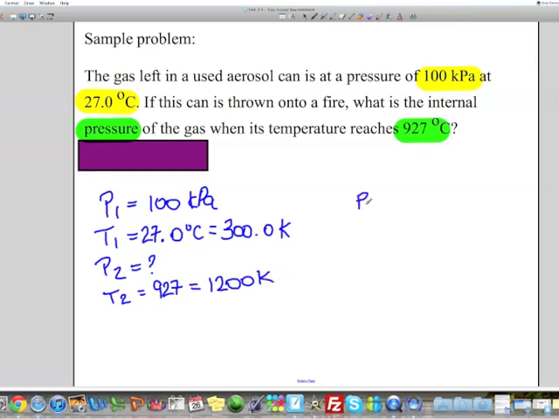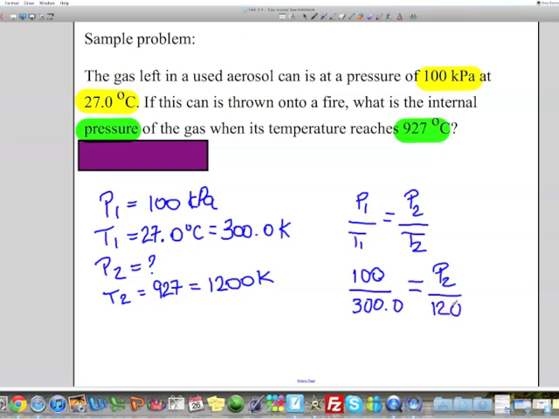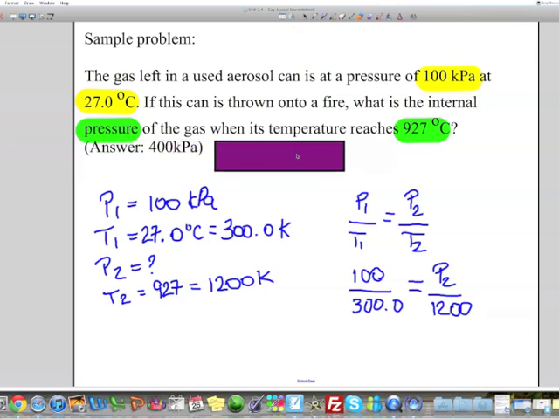So I have P1 over T1 is equal to P2 over T2, and I replace, so I have 100 over 300.0 is equal to, I don't know what P2 is, but I know that T2 is 1200 Kelvin. So I'll do 100 times 1200 divided by 300.0, and my answer should have three significant figures, and it is 400 kilopascal. There you go.